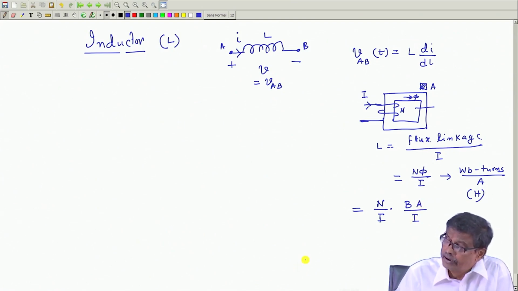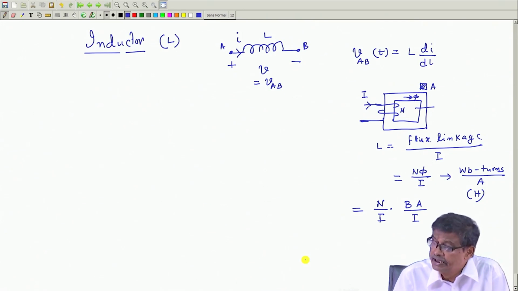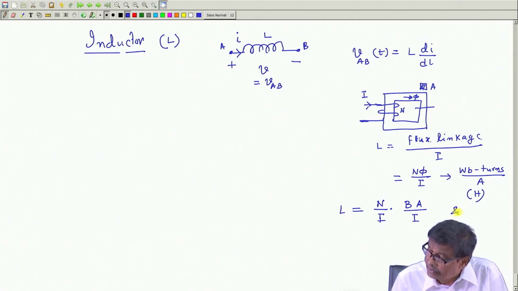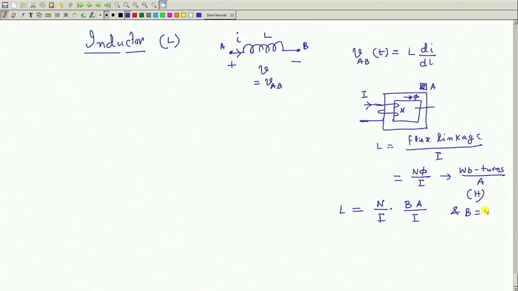Then if you assume a linear magnetic circuit, that is, if you want to get a constant magnitude inductance, then we know L is this, and B is equal to mu 0 mu r into H. This we know from the magnetic circuit.